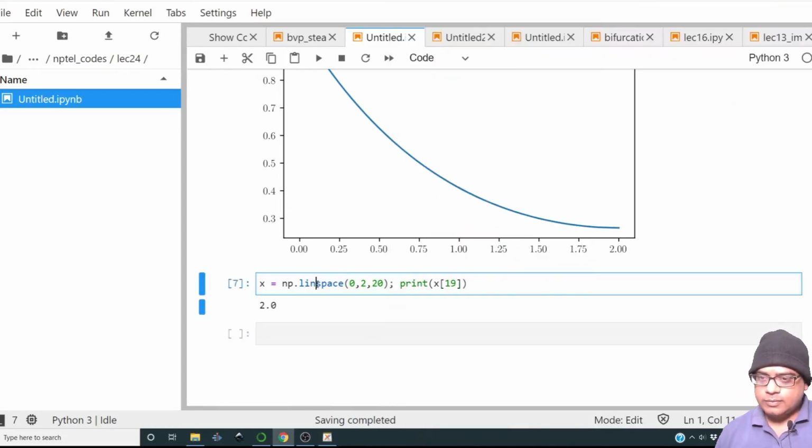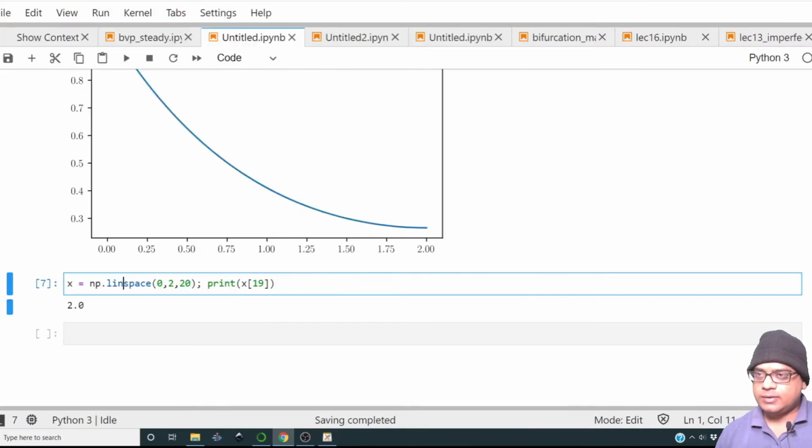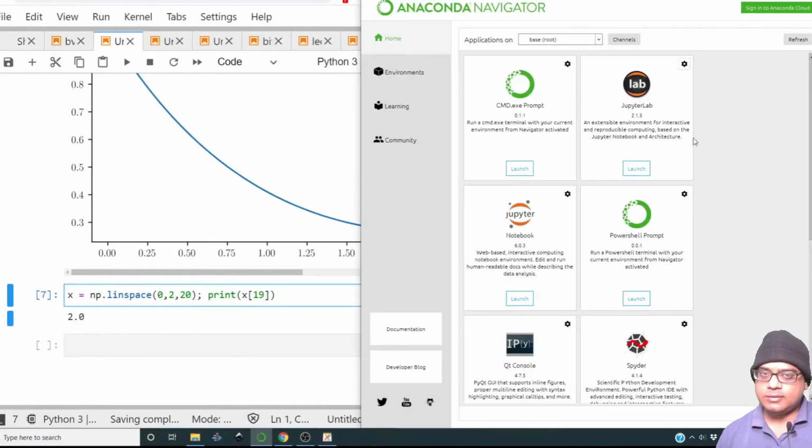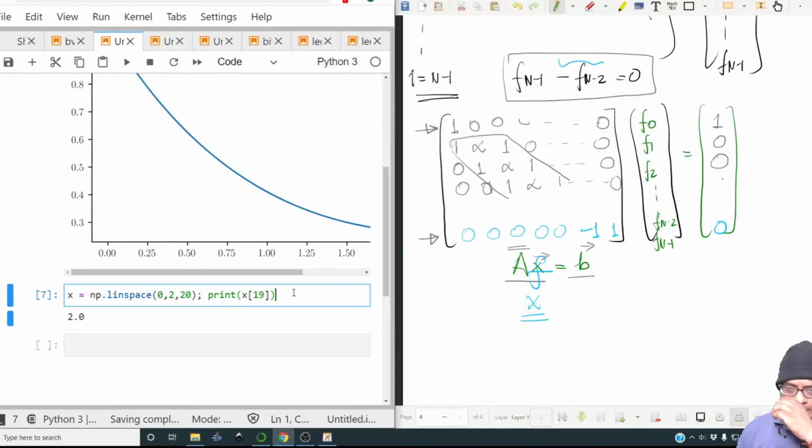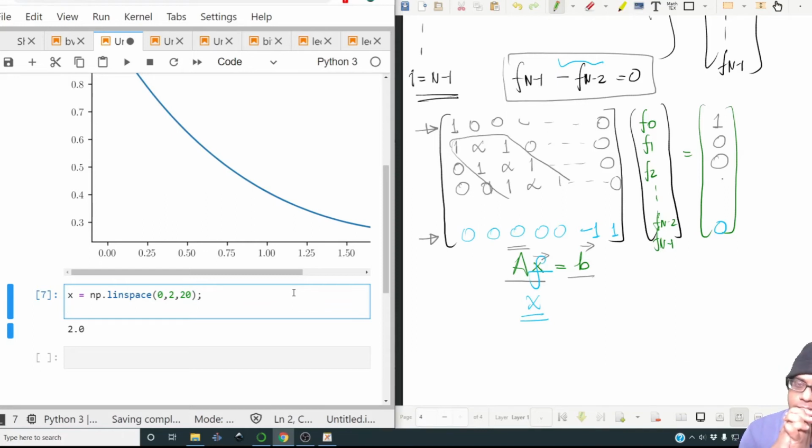Great, so let's go over here. We do have an expression for x. Now, what will be the size of the matrix A? A has to be a square matrix having the same size as x.